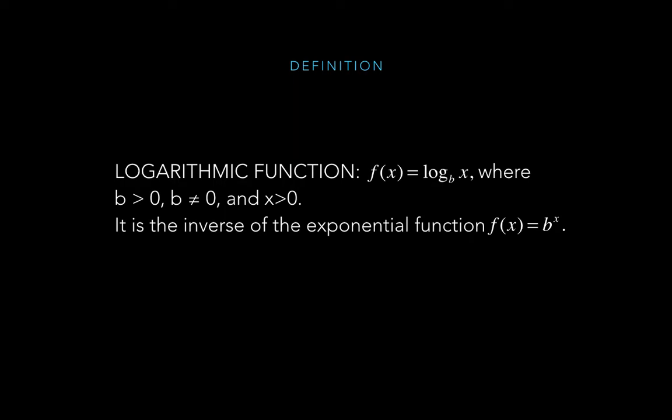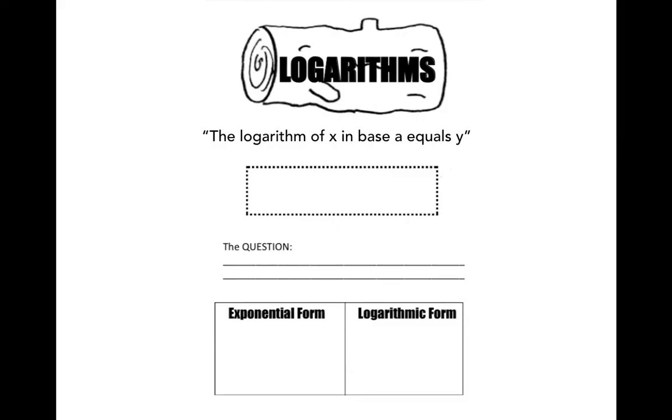That function is the inverse of the exponential function f of x equals b to the x power. So there you have it. When you're working with exponential functions and trying to find their inverses, we have to use this defined idea of logarithms. Now let me give you a little bit better look into this. Logarithms, get it? Log.